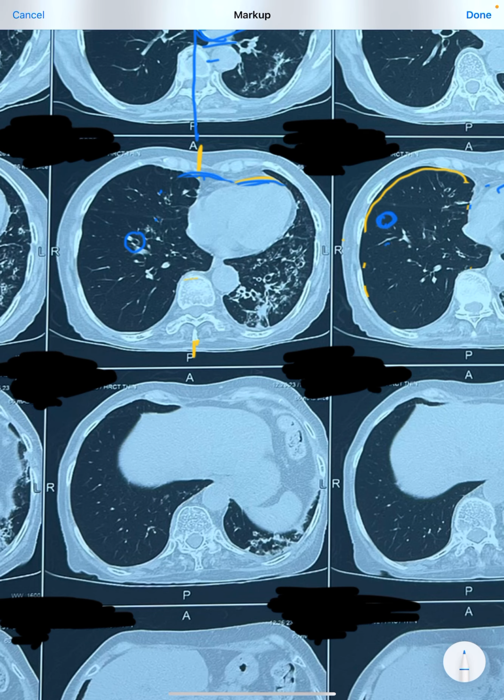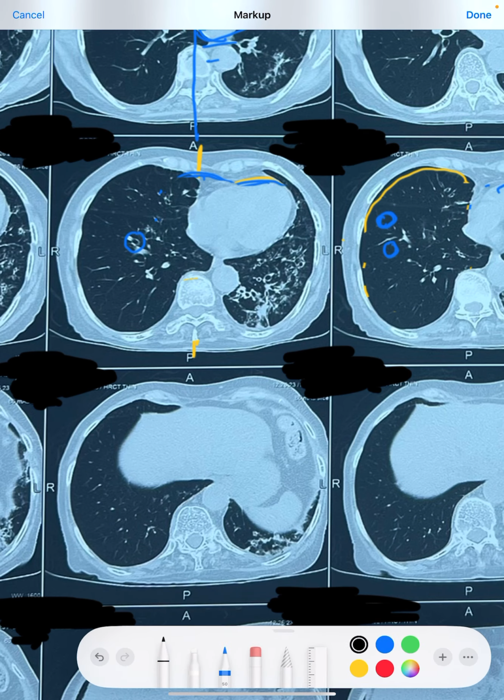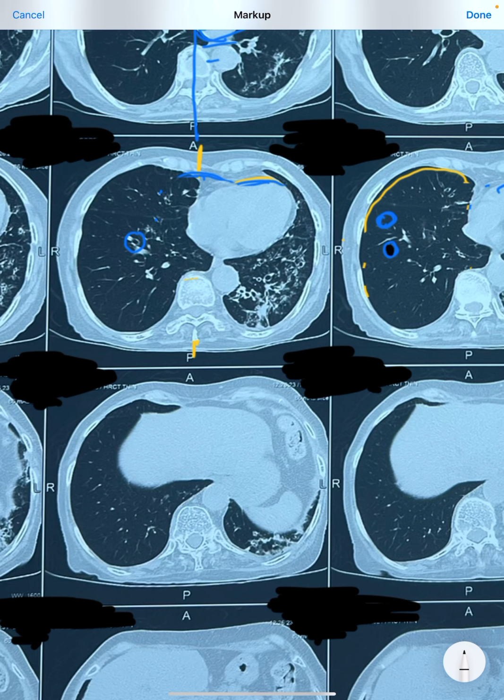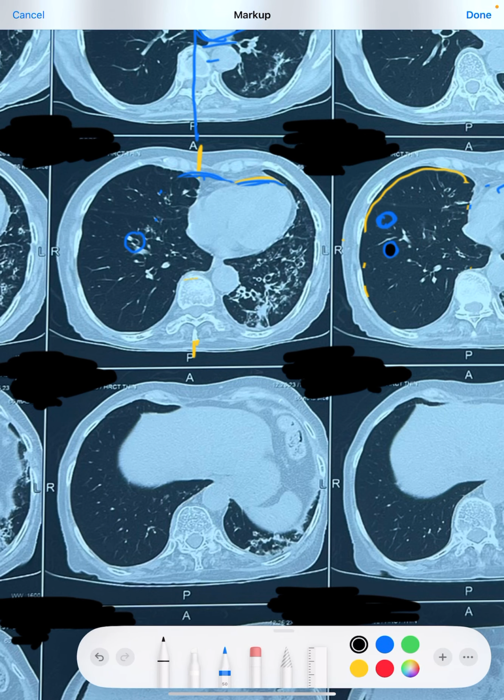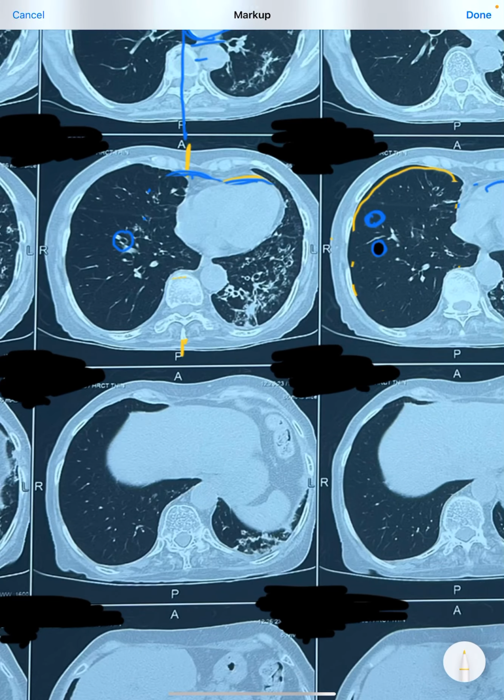So it usually has a thin margin and it contains dark black air inside. You can see them seldom, you won't get them in a very frequent manner. So this is a typical normal bronchiole because you can see the air inside and there is a thin margin.